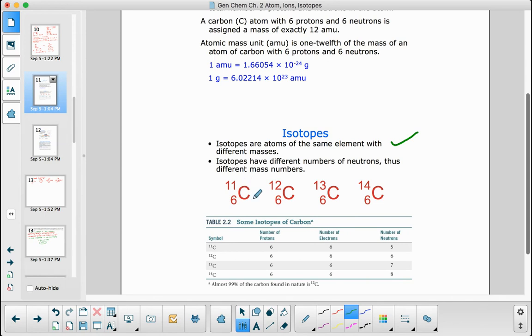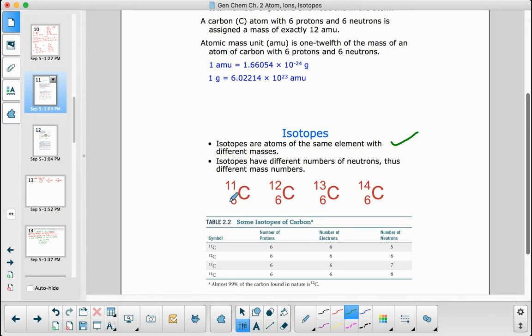If I look at the symbol for carbon, the 6 is the atomic number, which gives me the number of protons. This is the isotopic symbol for carbon 12. Atomic number is 6, the mass number is 12, and so on, 13 and 14.